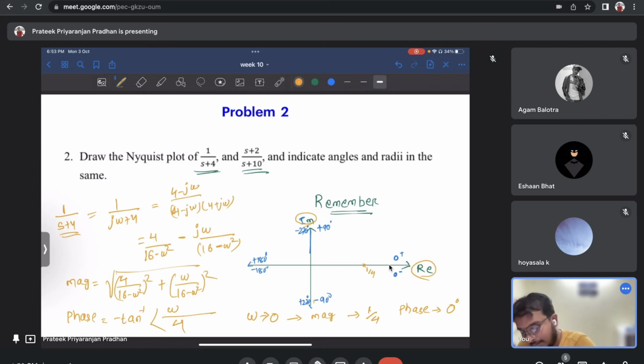Okay. For omega tends to infinite, what will be the magnitude? The magnitude will be 0. Okay. And remember, Nyquist is not in dB scale. It's in normal scale. Tell me the phase. What will be the phase?